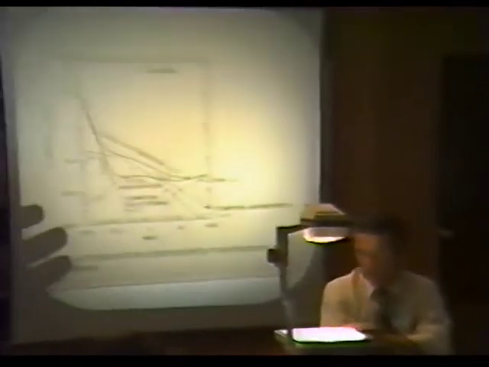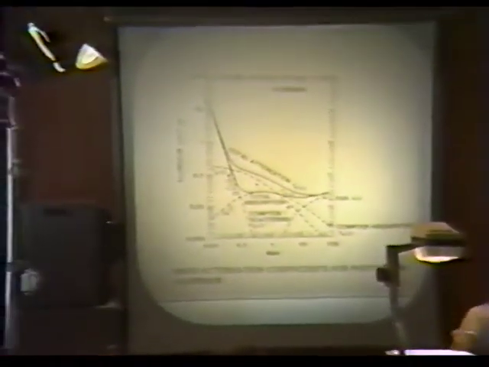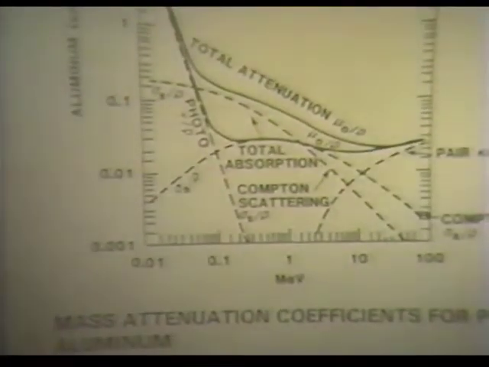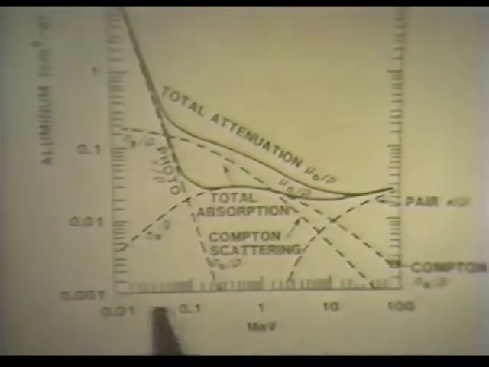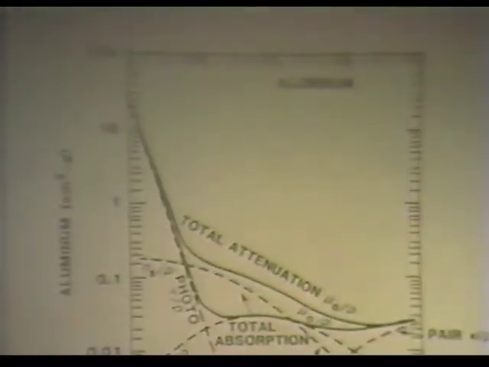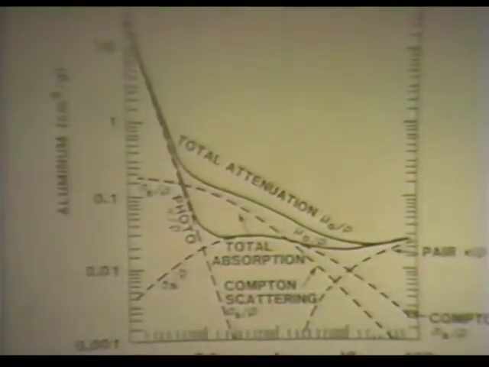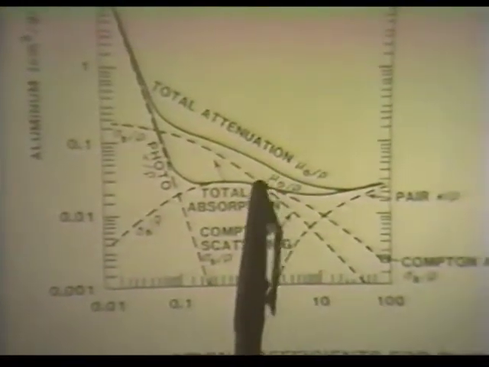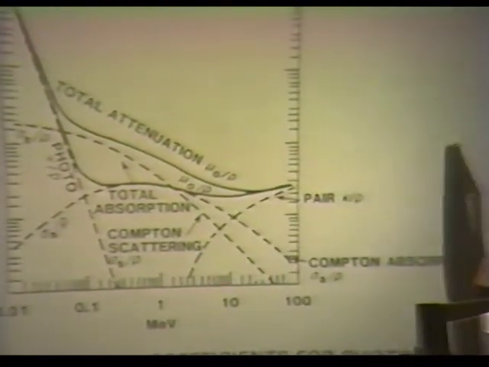Now, both of these things happen, especially the photons, which I'm going to illustrate here. The probability of them hitting something and the amount of energy they're going to deposit varies with the energy of the photon. Now, here's your photoelectric effect, which is very high at low energies. Here's your Compton effect, which is intermediate out here at an intermediate energy, and here comes your pair production at higher energies.